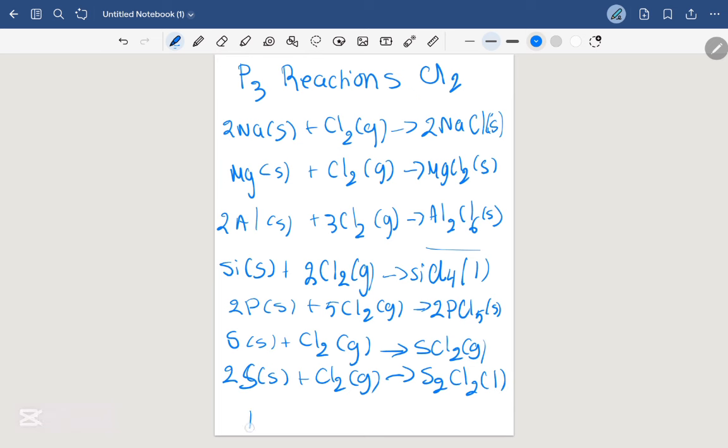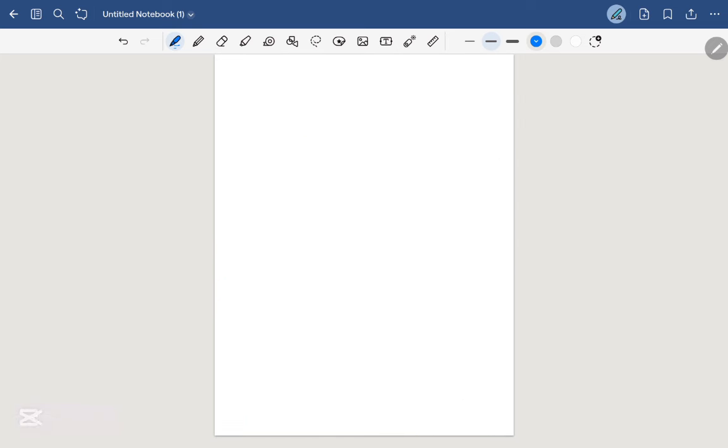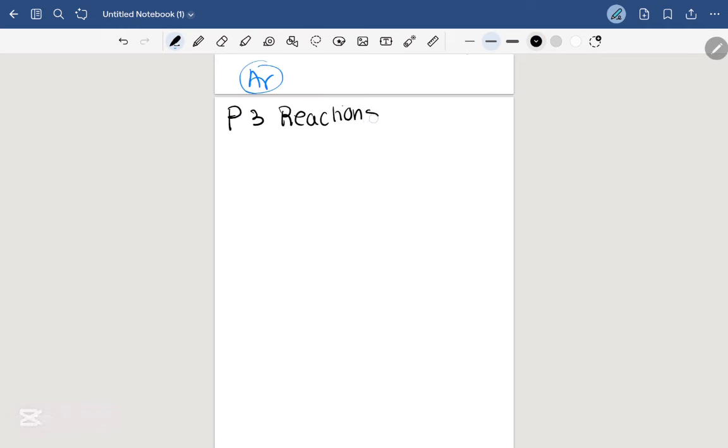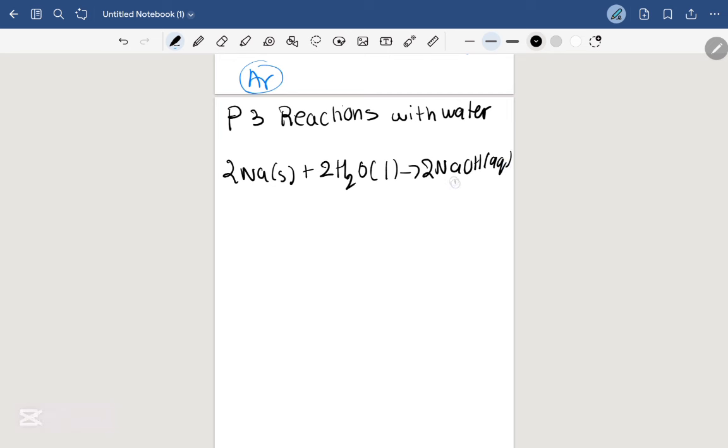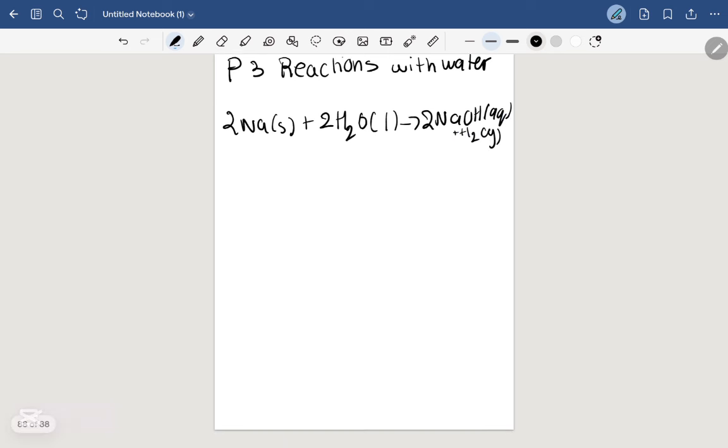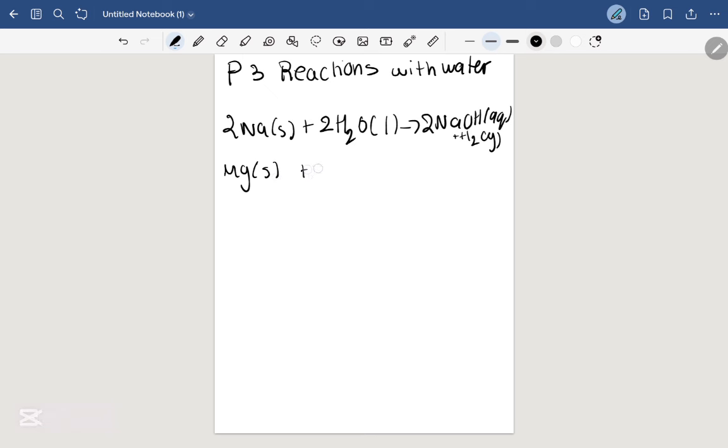Now we reach the final thing, which is period 3 reactions with water. So let me just write them quickly. 2Na solid plus 2H2O liquid gives me 2NaOH aqueous plus H2 gas, and then magnesium solid plus 2H2O liquid gives me Mg(OH)2 aqueous in addition to H2 gas.